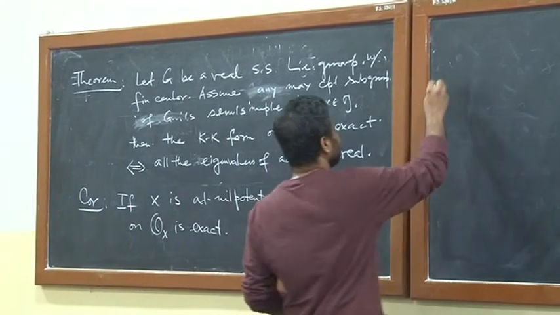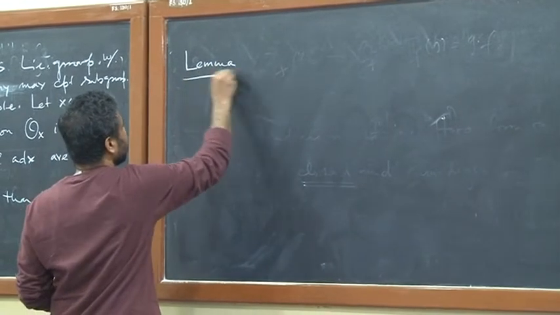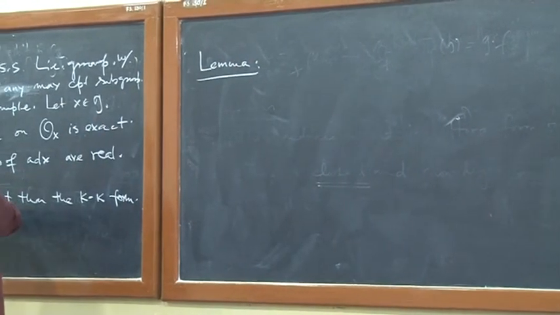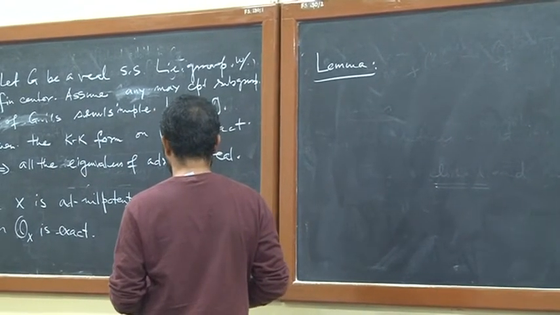So the second, I want to call it a lemma. So here I have a very canonical two form which is exact on nilpotent orbits.